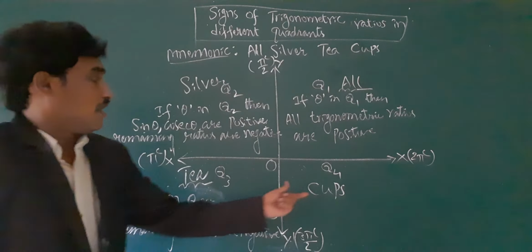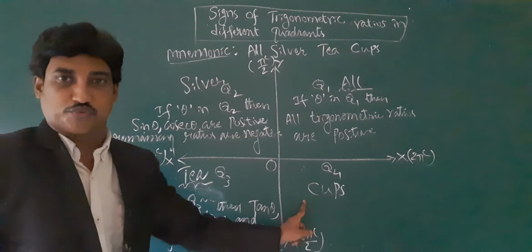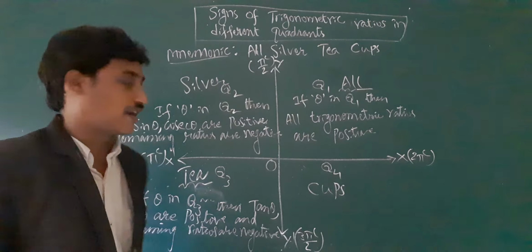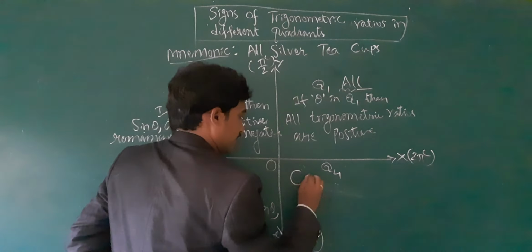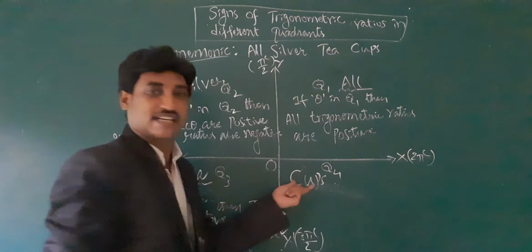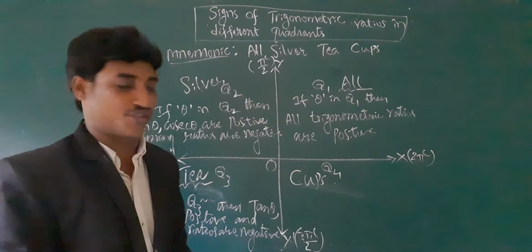Next, all silver tea cups. Finally, cups. Here cups, first letter C. C refers to cos.